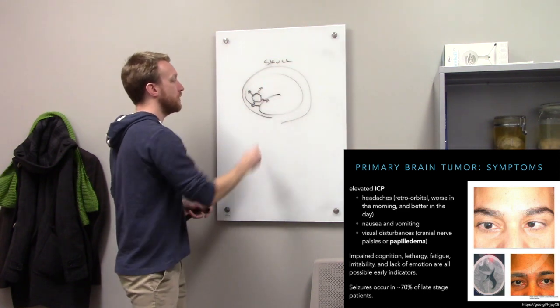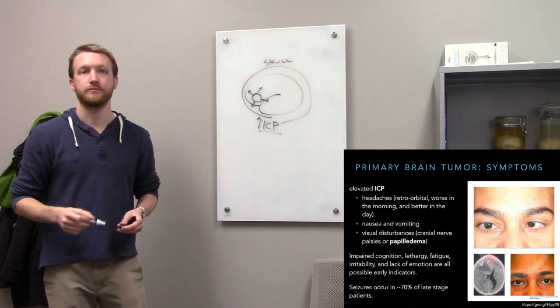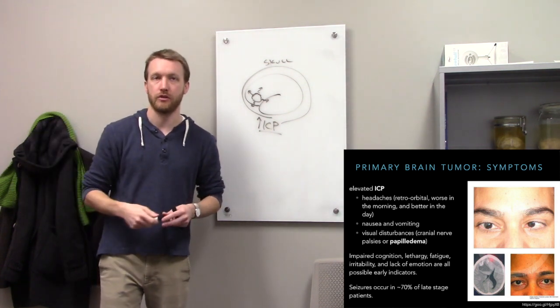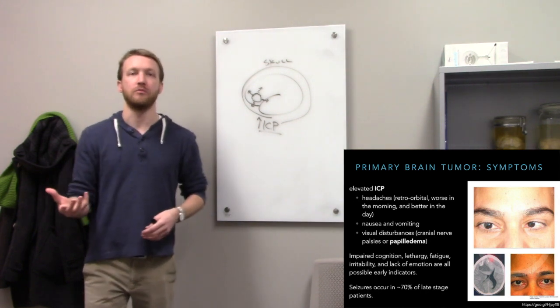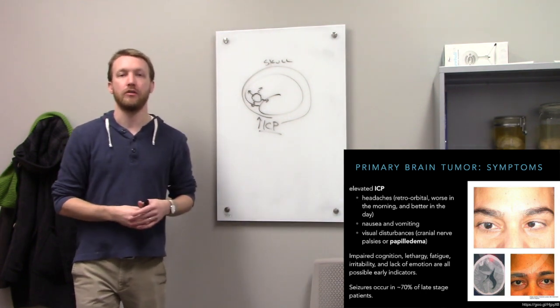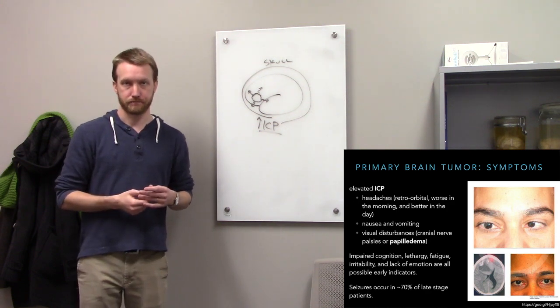And by increasing the volume, what you're going to do is start to increase pressure within the cranium. So headaches can occur. Classically, these are described as being worse in the morning and getting better throughout the day, although this is probably the minority of cases.